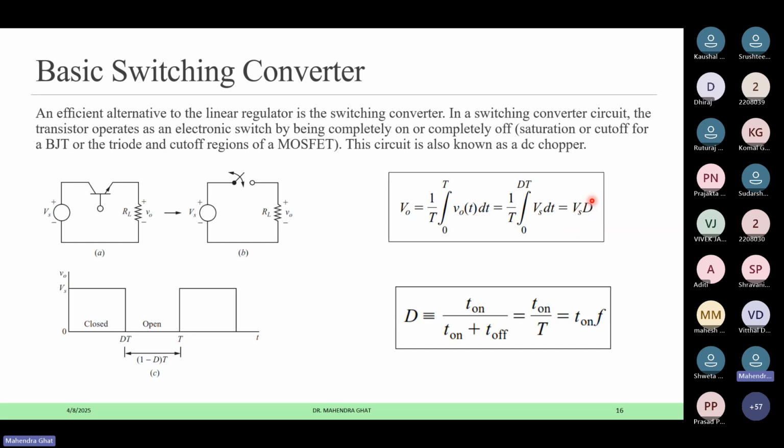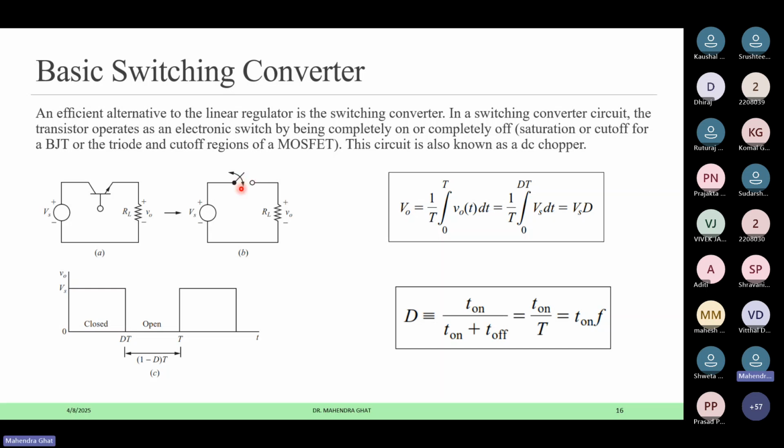Now, how will you control the D? What is D? If you see here, this is the time T on. T on is the time where the switch is closed or on, and T off is the time when the switch is open.